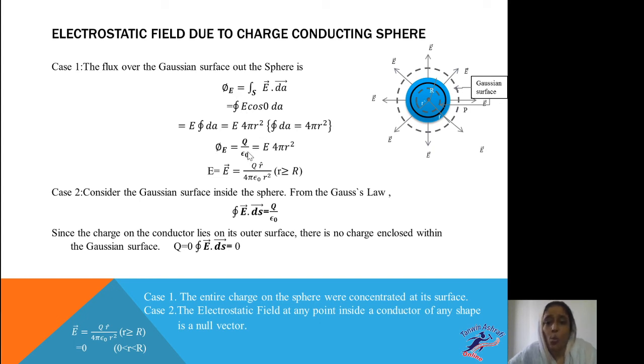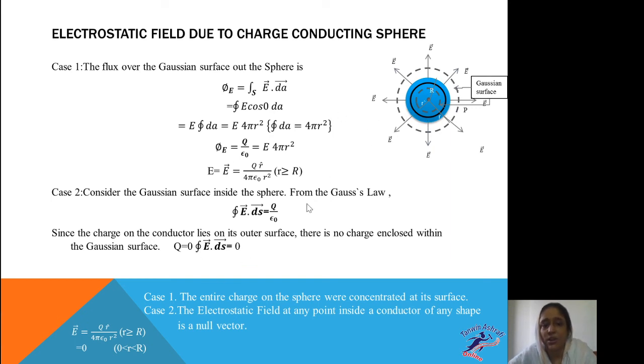Now by Gauss law, we know that flux is equal to Q by epsilon naught. If we substitute this value, then the electric field E is equal to Q times 1 upon 4 pi epsilon naught r square r cap, for r greater than or at least equal to the surface, capital R.